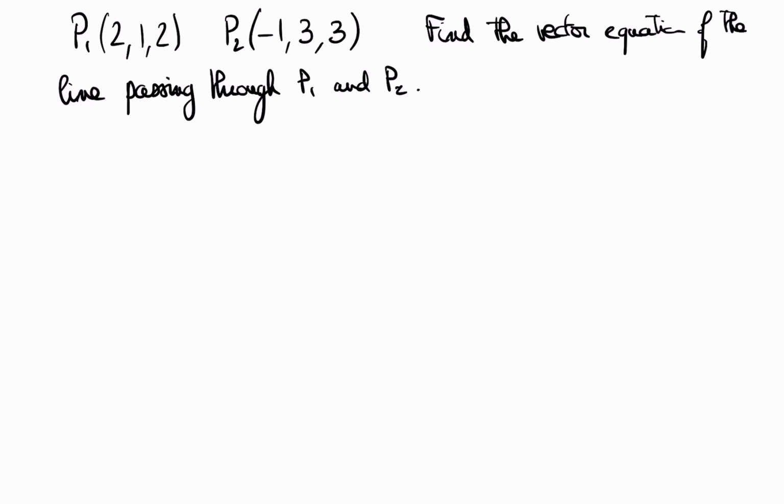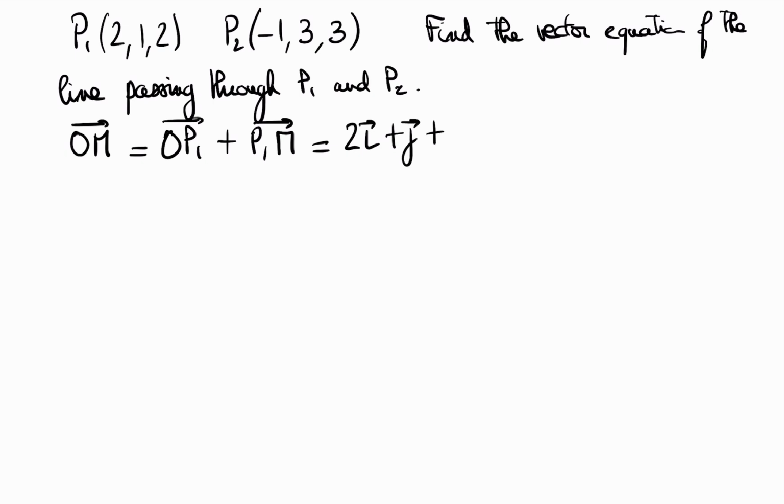Okay, right, so basically this vector OM is equal to OP1 plus P1M. So that's equal to 2i plus j plus 2k.